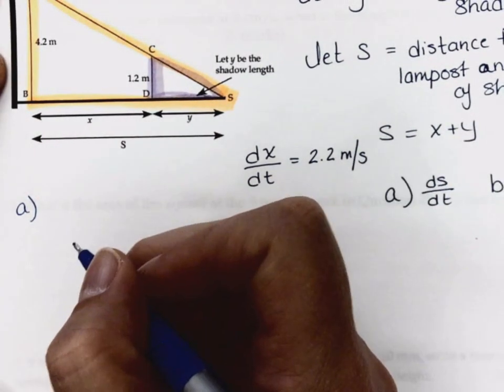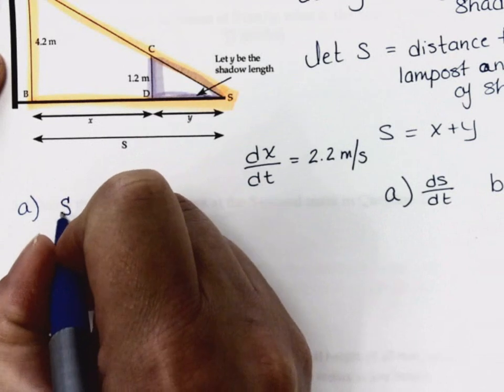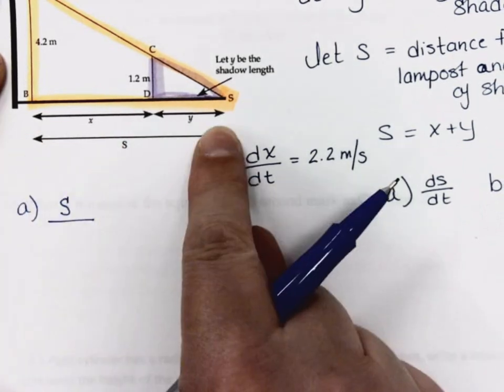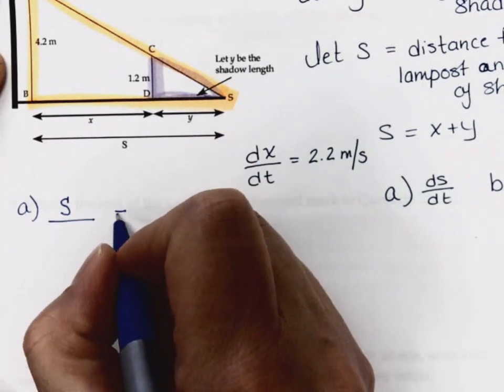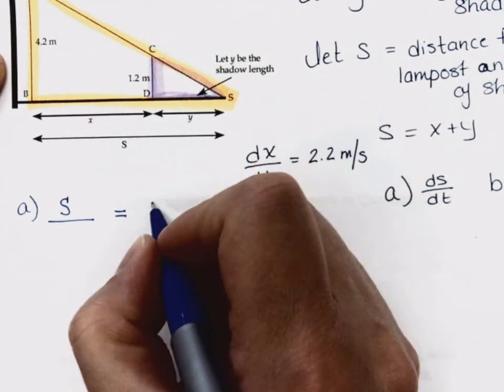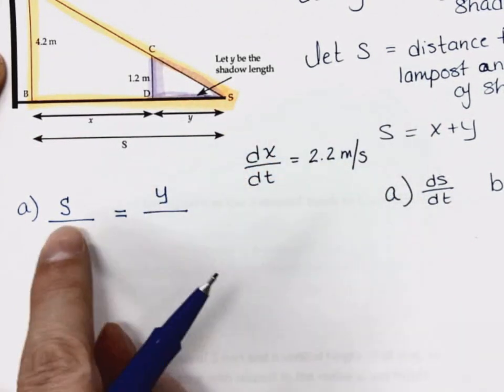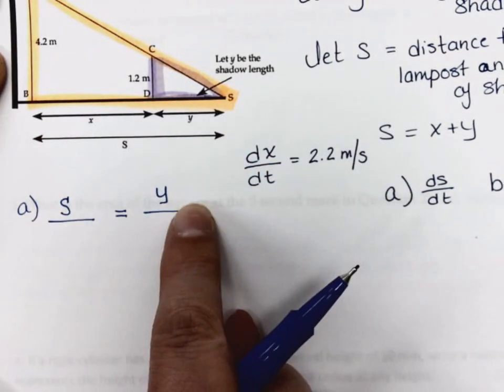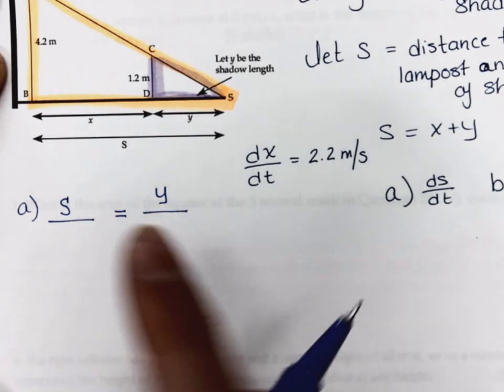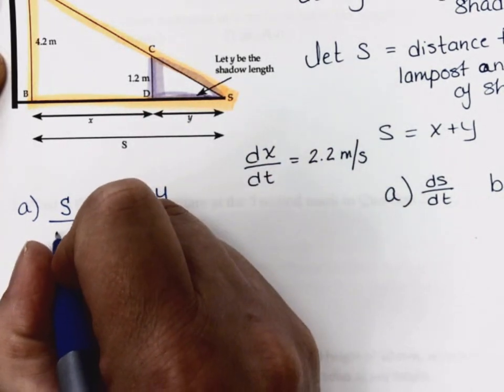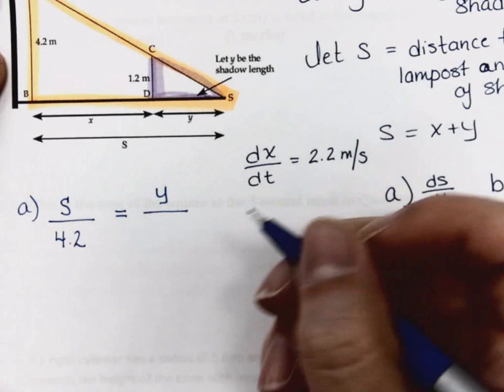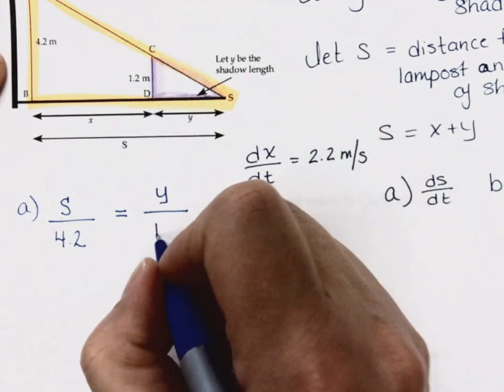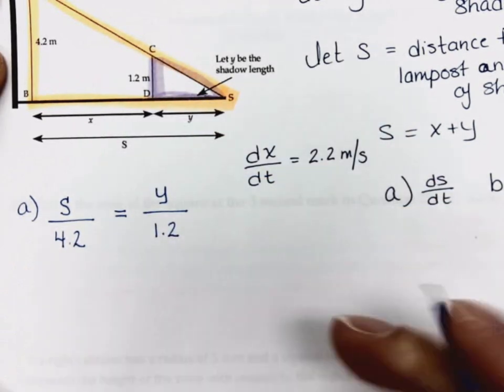So what I know is that the length of the orange triangle would be equal to y on the short triangle. I'm putting all my lengths on the top here, and then we compare it to a height. The height on the big triangle is 4.2, and the height on the little triangle is 1.2.